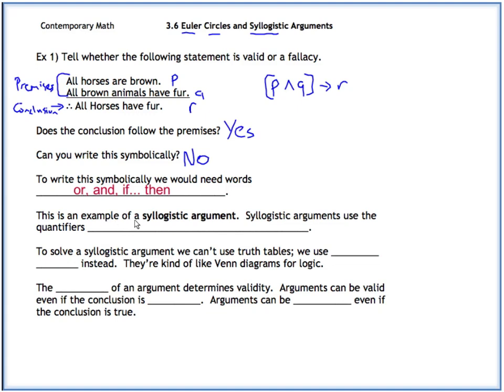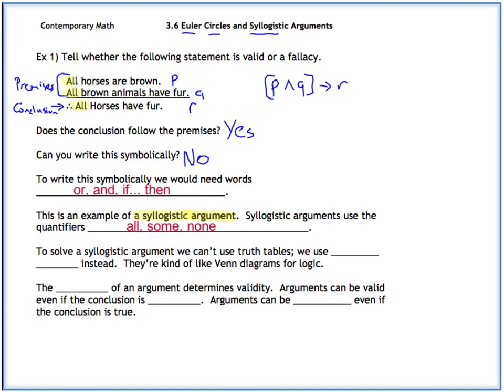So this is an example of something we call a syllogistic argument. And syllogistic arguments use the quantifiers all, some, or none. So you can see here all horses are brown, all brown animals have fur, all horses have fur. So those quantifiers up here make this a syllogistic argument. Now, to solve this, we can't use truth tables.